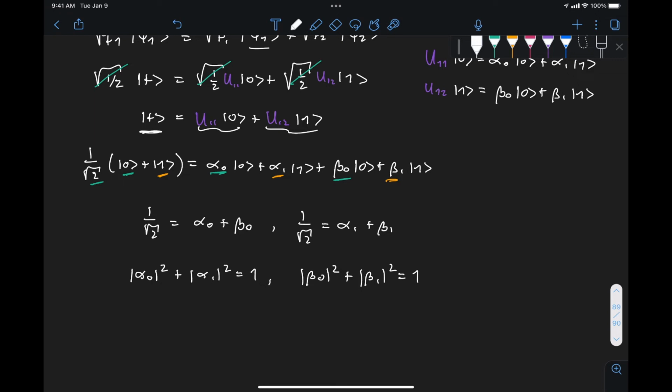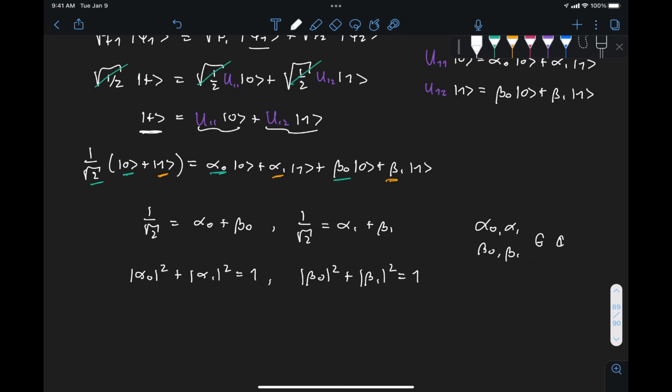So we have four equations with four unknowns. Now, because alpha 0, alpha 1, beta 0, beta 1 are complex numbers, these four equations result in many different solutions, but we can just pick one of them.